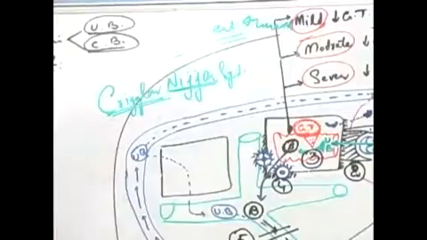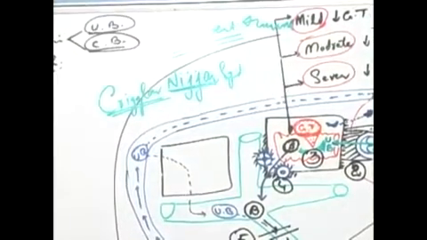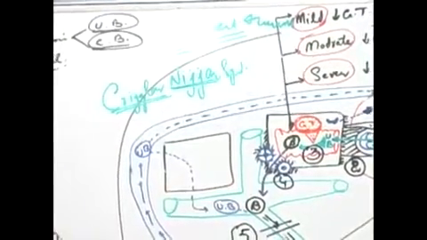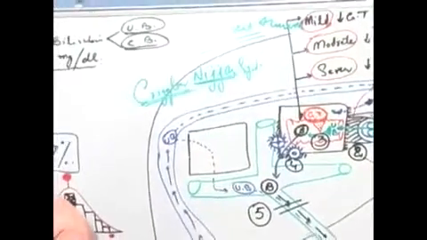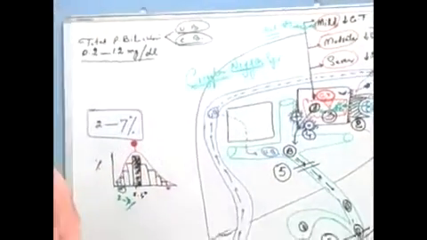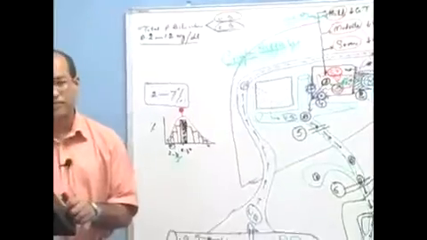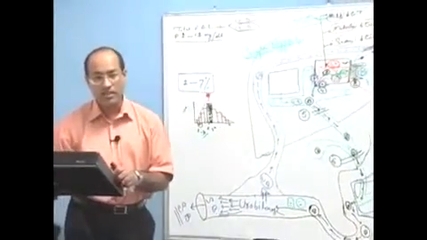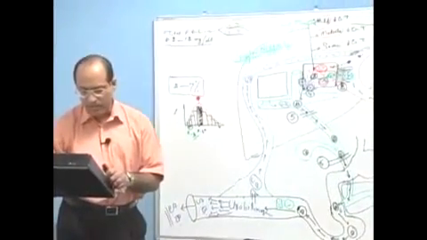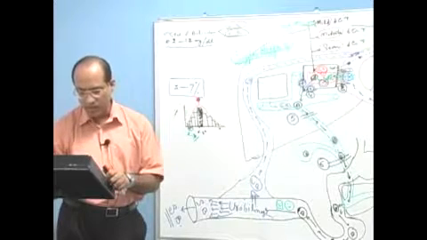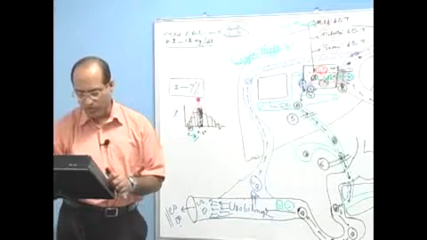In one type, there is severe deficiency of what? Glucuronide transferase. And in the other type, there is moderate deficiency of glucuronide transferase.